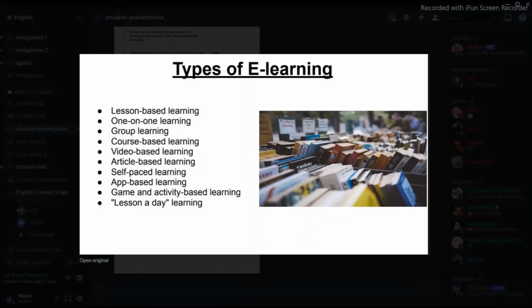Right. Sure, there are a lot of types of e-learning. We're not going to talk about all of them, but we will talk about a few. Well, the first one is one-on-one learning, when you learn about stuff by yourself. Group learning is when you form a group to learn about something, so you can share ideas between you and your team.